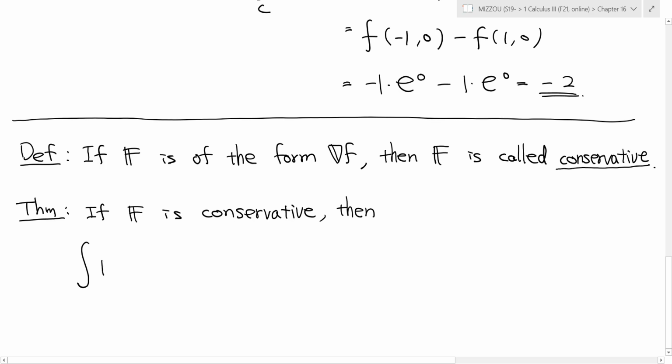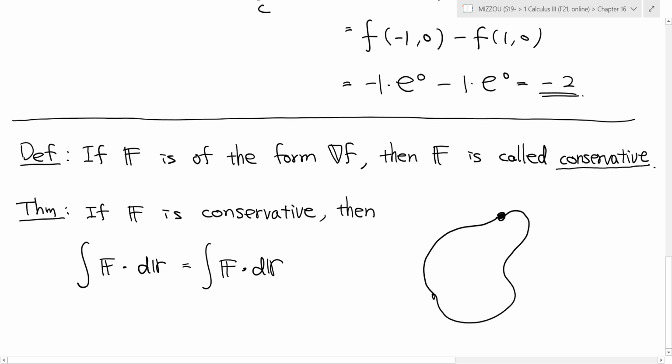if you have two line integrals of the same vector field over two different curves sharing the endpoints. So we have two endpoints, and we have curve 1 and curve 2.